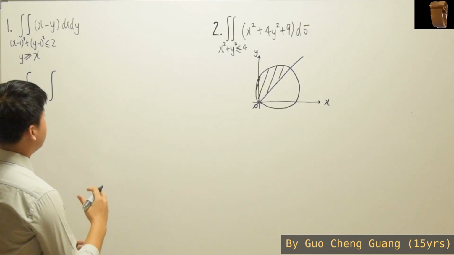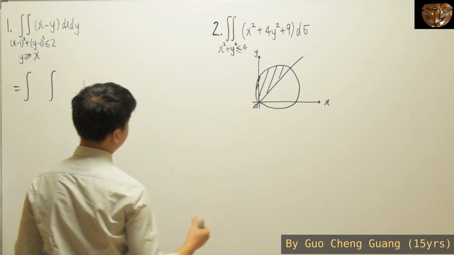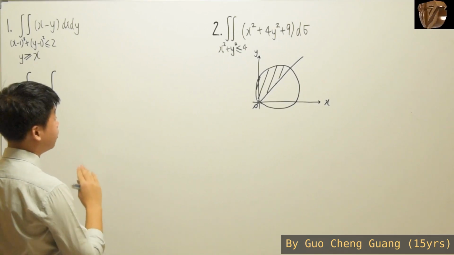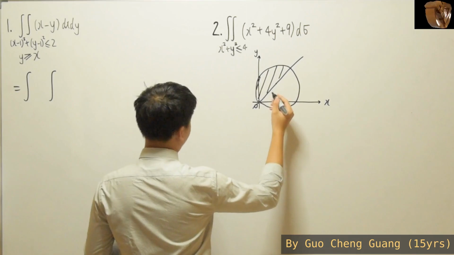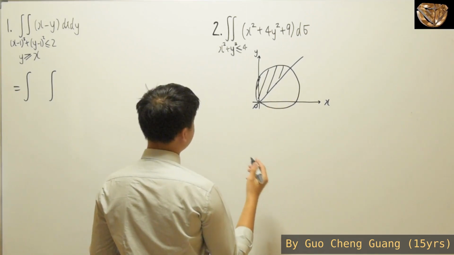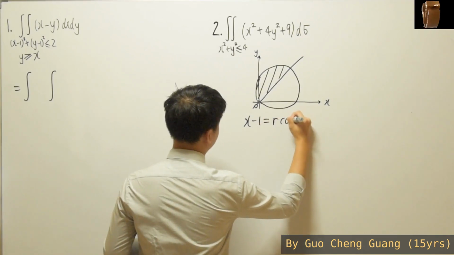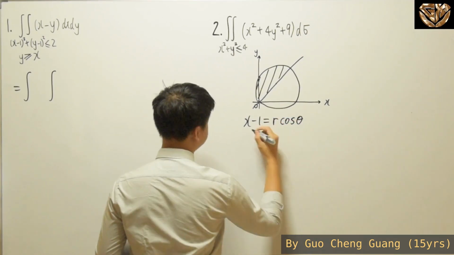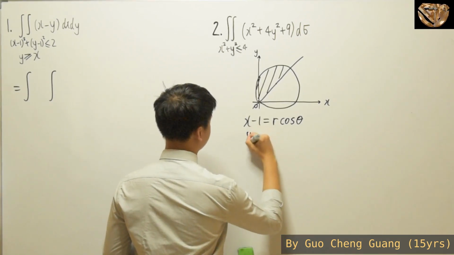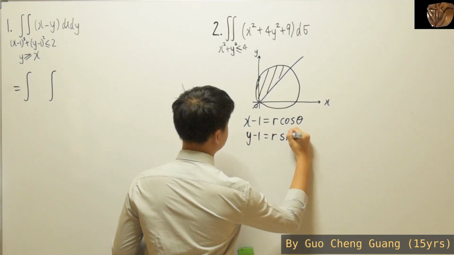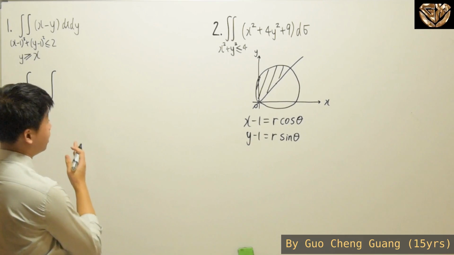In polar coordinates, you can choose to let the origin be where you integrate from, or alternatively, you can let the center of the circle be where you integrate from, which means you need x minus 1 to be equal to r cosine theta and y minus 1 to be r sine theta. This is what you want to substitute in.